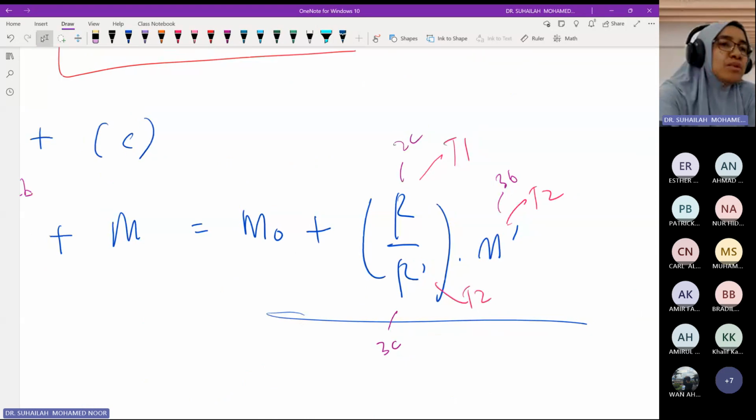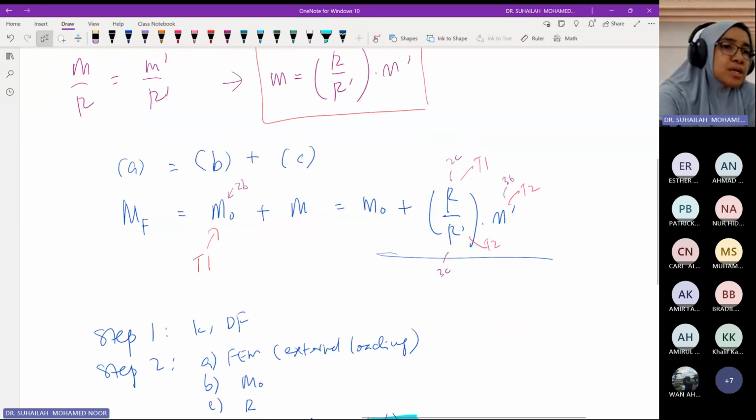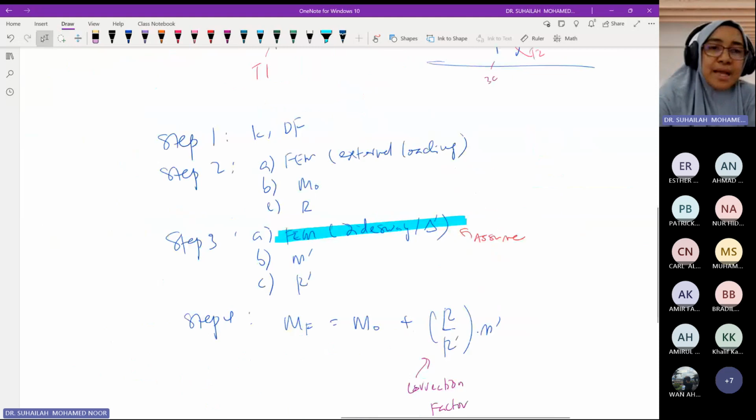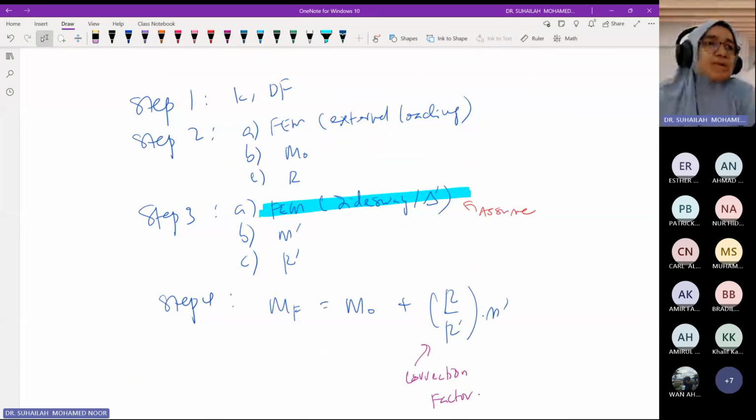Okay, final formula to get the final end moment. So the steps we can summarize like this, the procedure. Of course you have to calculate R, you have to calculate R prime. Because R and R prime give us correction factor, because table number 2 FEM is assumption.